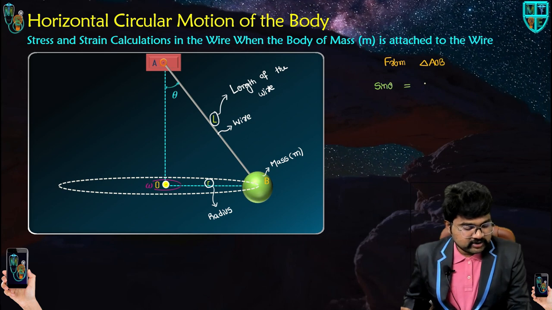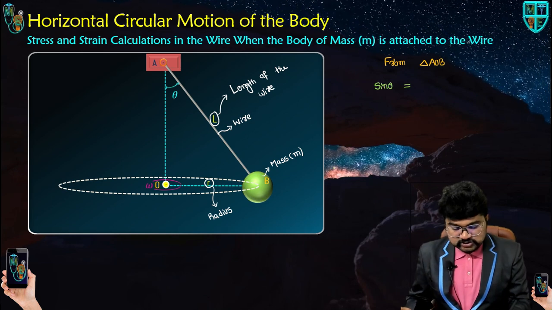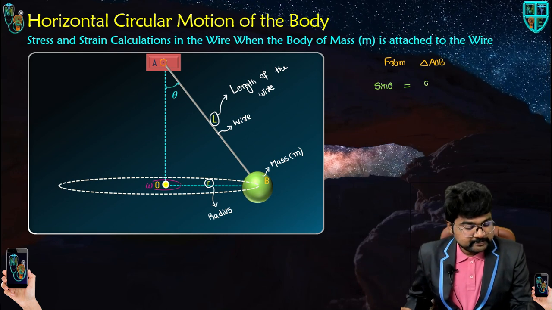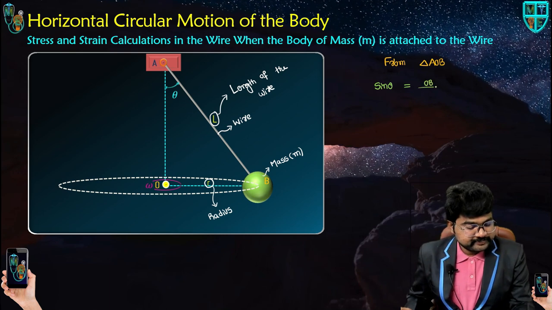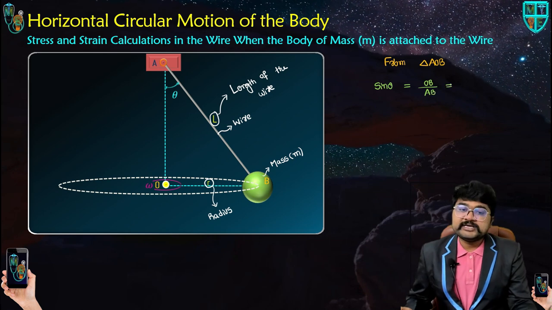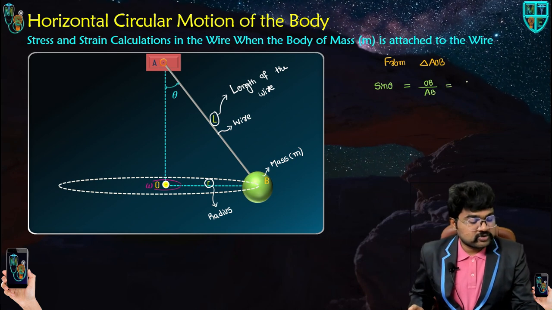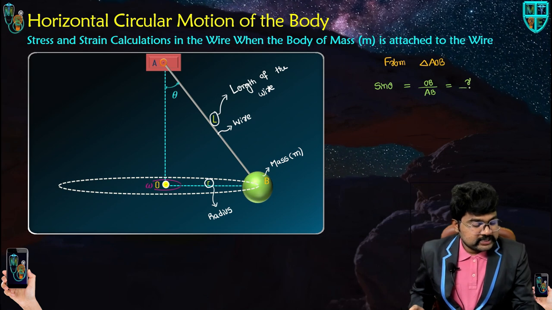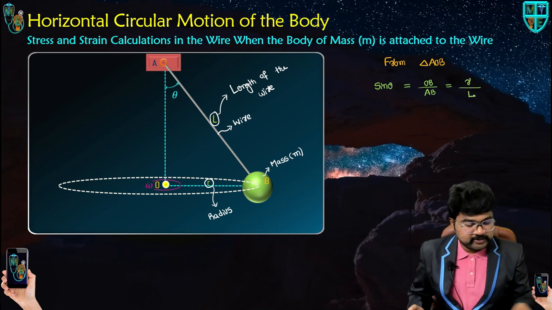Sine theta equals OB by AB. OB is the radius of circular motion and AB is the length of the wire.